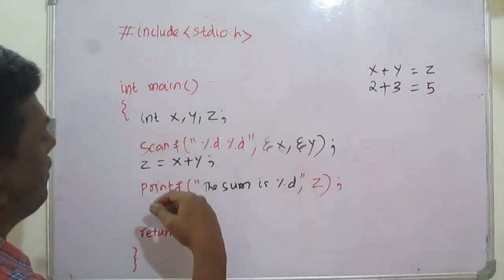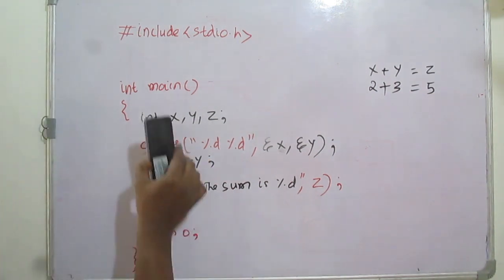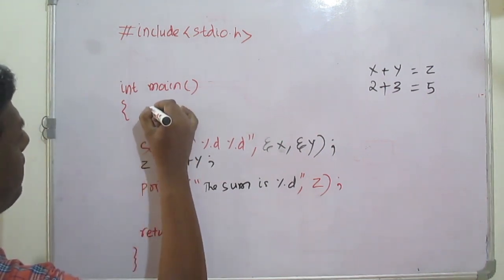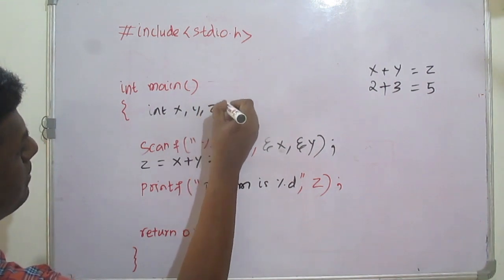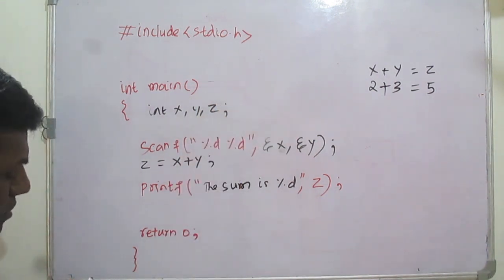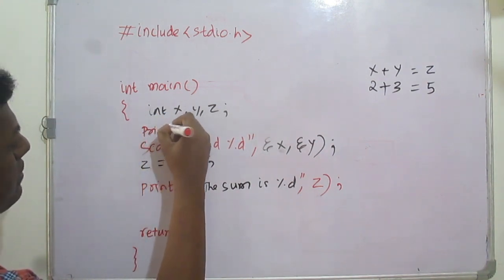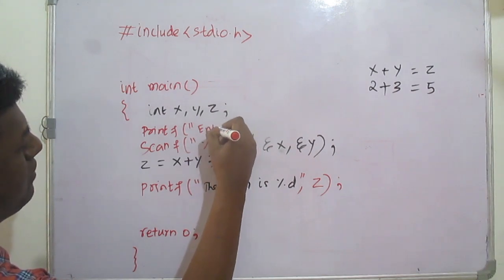Now, one more statement, and that statement is very simple. The variables are declared here: integer x, y and z. Then we can have a printf with the statement "enter two numbers".